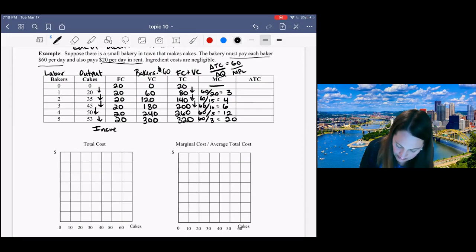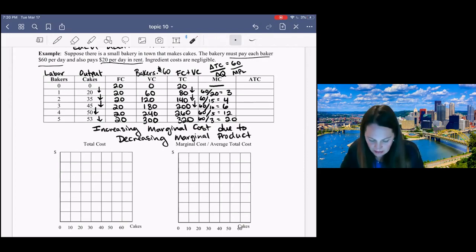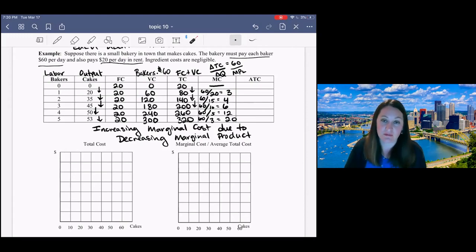We have increasing marginal cost due to the decreasing marginal product. Because each baker produces a smaller number of cakes, as the fixed inputs become crowded, then the cost of producing cakes is going to increase the more cakes that I'm producing.